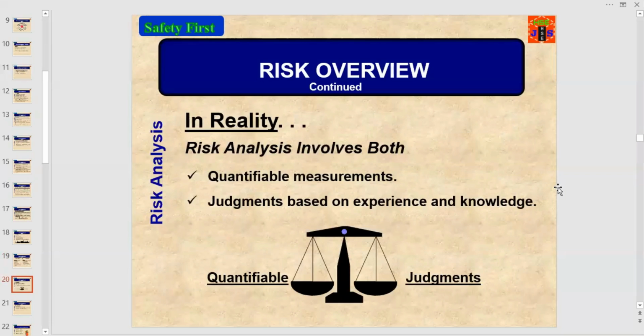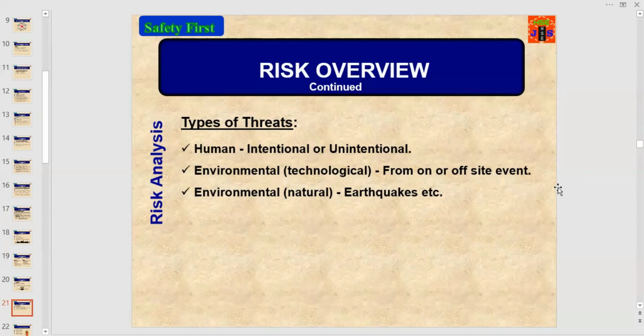In reality, risk analysis involves both quantifiable measurements and judgments based on experience and knowledge. Now, let us understand what the types of threats are in a business. The main threats are human, intentional or unintentional, environmental, technological, from on or off-site event, environmental, natural, like earthquakes, etc.